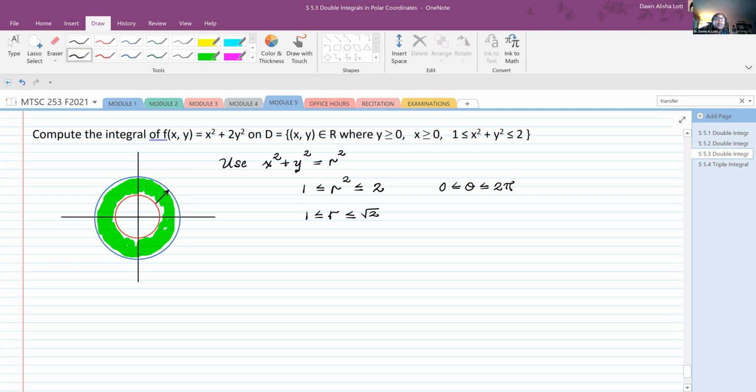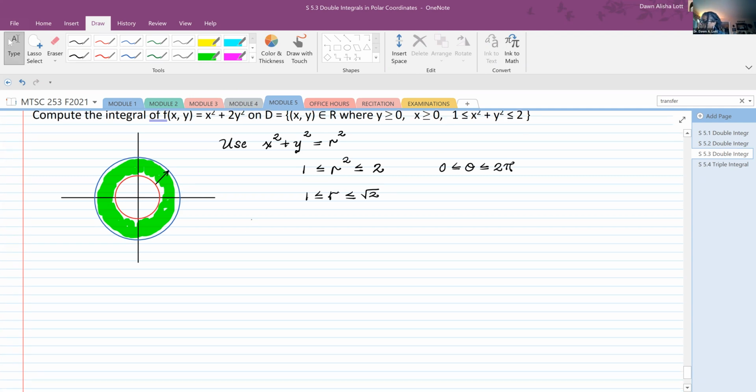And then I'm integrating that function. So I need to figure out what that is. So f of x, y is x squared plus 2y squared. There are many ways to simplify this. One good way is to just take x squared, pull off 1 y squared, and then add on another y squared.